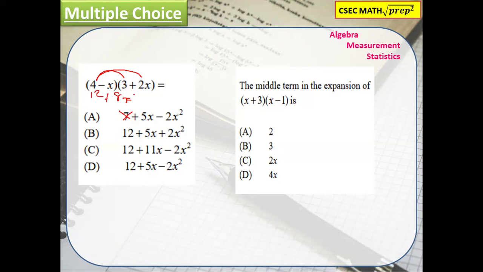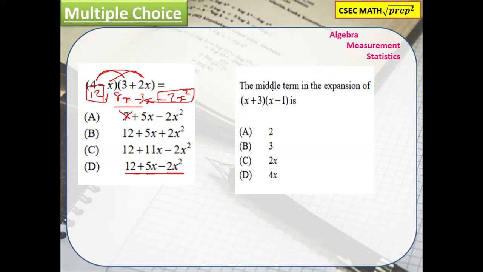And then minus x multiplied by 3 is minus 3x. Then minus x times 2 will give me minus 2x squared. So minus 2x squared and 12 don't have a like term, but here we have minus 3x from 8x, that's 5x, so our answer is 12 plus 5x minus 2x squared.